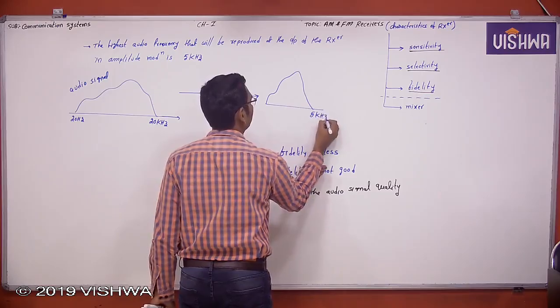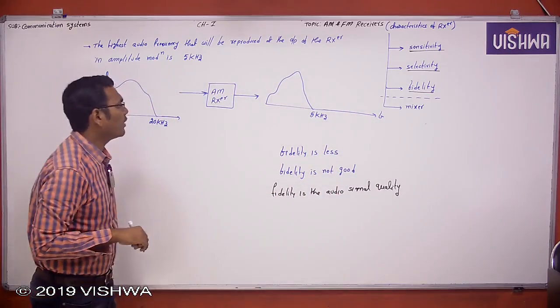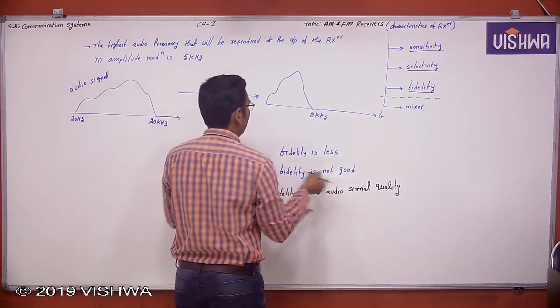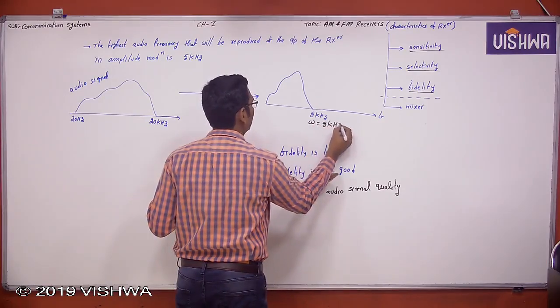Up to 5 kHz part only is received, and the remaining part is not reproduced. Okay, the highest audio frequency is only 5 kHz. Therefore, this is omega, which is equal to 5 kHz, the highest frequency.